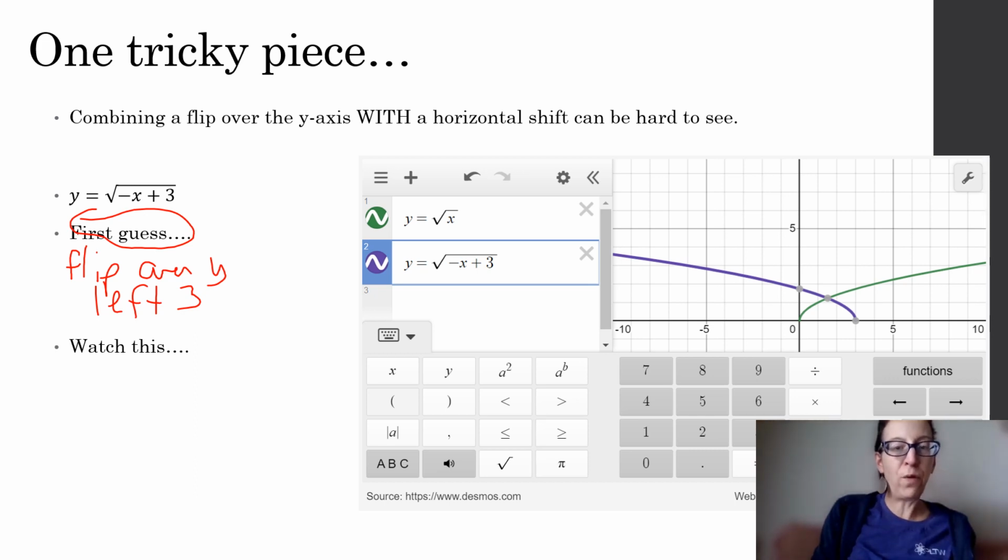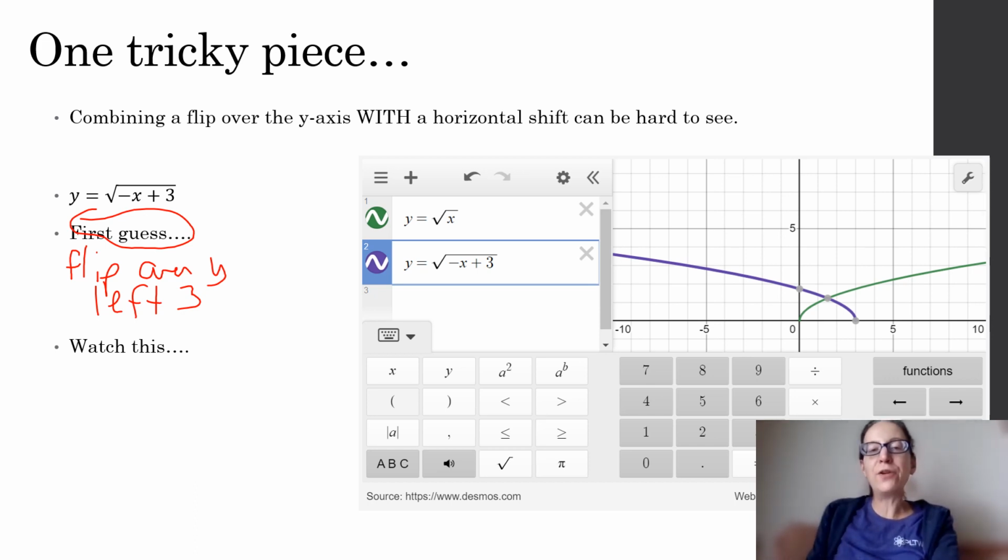Okay, flip it over the y, we're good. And it made it go to the right instead of the left. And you think, everything has come undone. Miss Taylor, you have lied to us all year. Math is not consistent, because over and over and over again, adding the 3 on the inside made it go to the left.